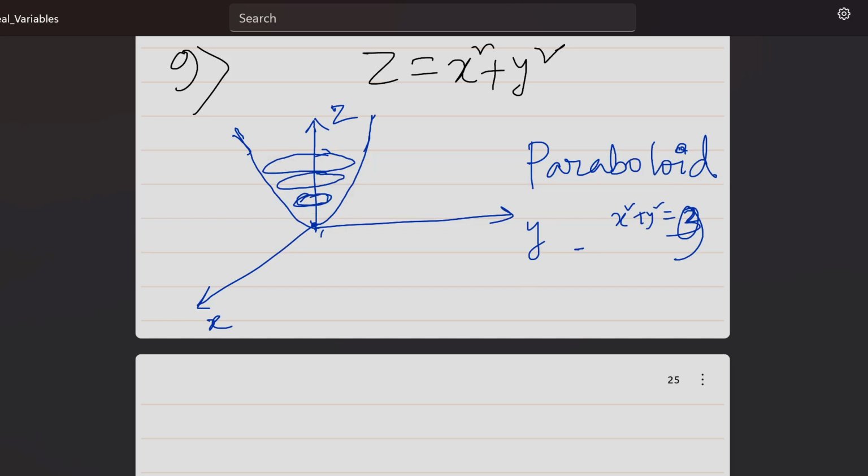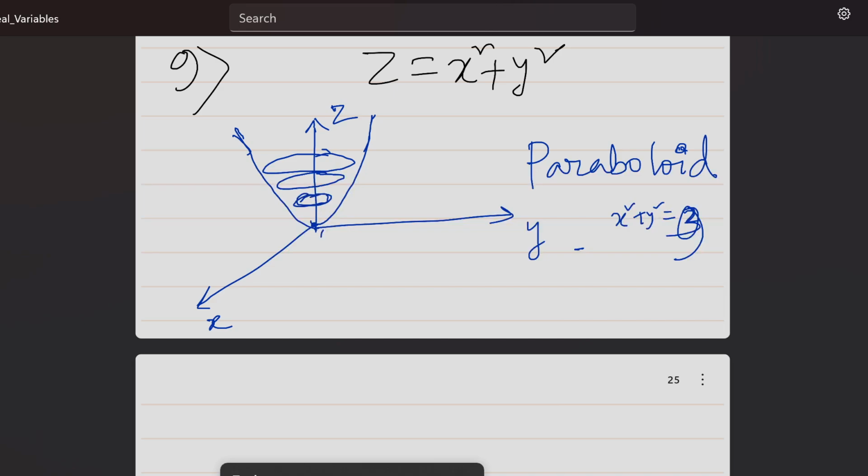But can z be negative? Is it possible? No. Why? Because x square plus y square is always positive. Yes, because it is a real plane. It is not a complex plane. Which pen am I using?